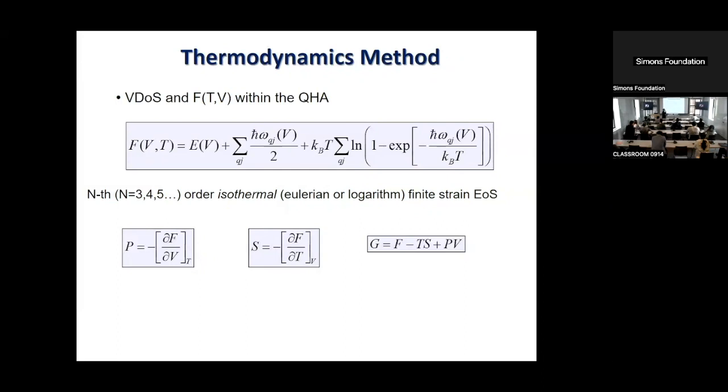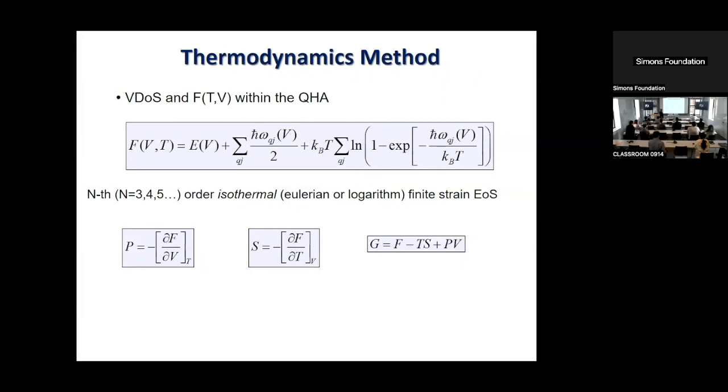So conceptually you get the phonon frequencies as a function of volume and then put that in, and that offers very decent results. And you can actually constrain the range of pressures and temperatures where this works well. Failures of this approximation manifest very well in the thermal expansivity. Maybe I'll point that out later.